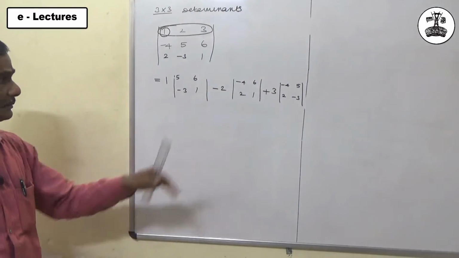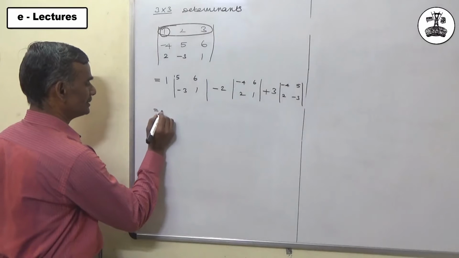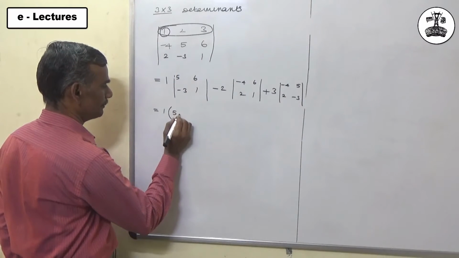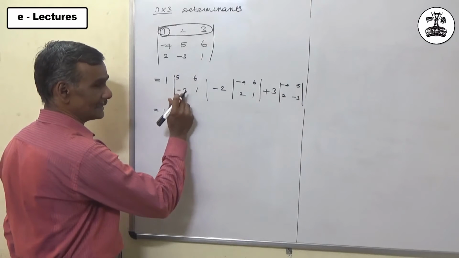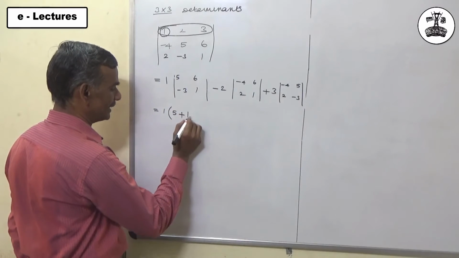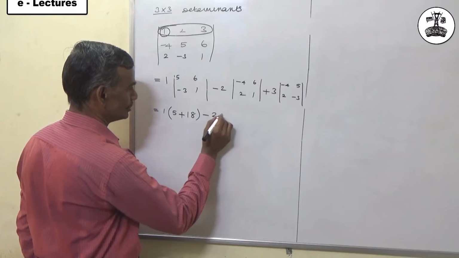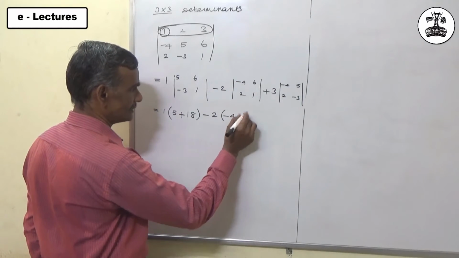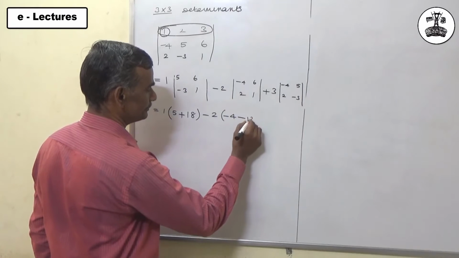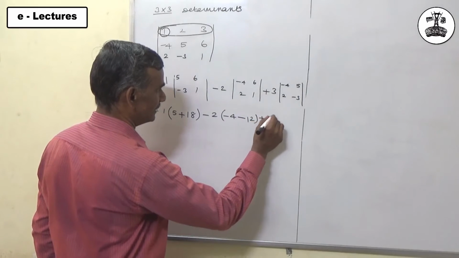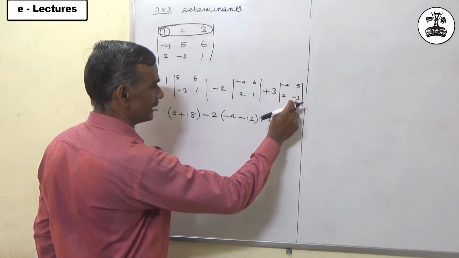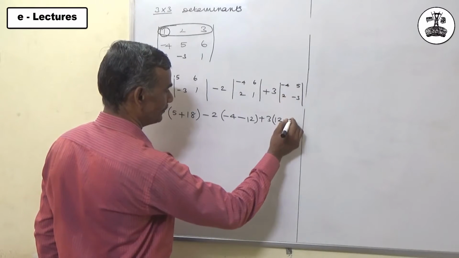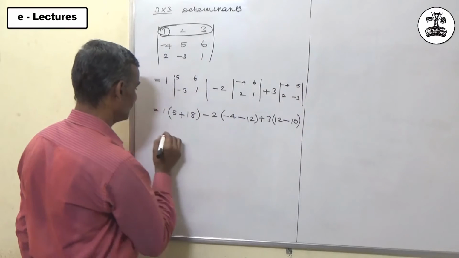Then again we follow the 2 cross 2 determinant: 1 into 5 minus minus 18, plus 18, minus 2 into minus 4 minus 12, plus 3 into minus 4 into minus 3 plus 12 minus 2 into 5 into 2, 10.